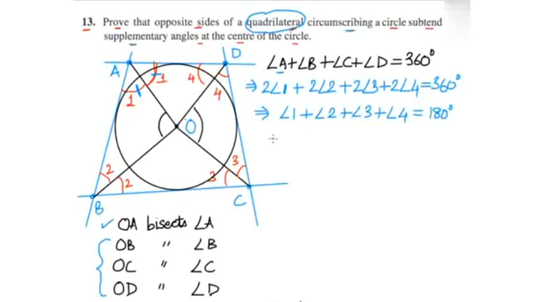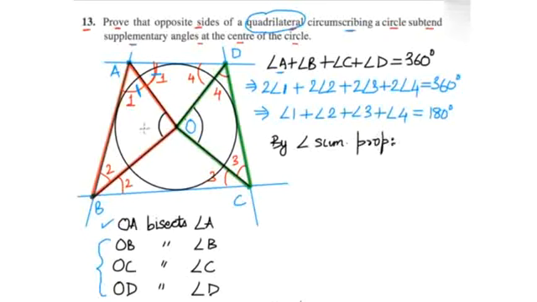Now we are going to apply the angle sum property to triangle OAB, which is this triangle, and to triangle OCD, which is this triangle.